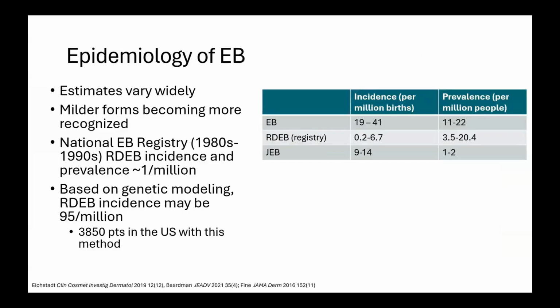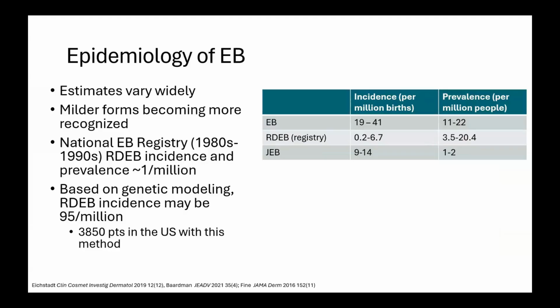So in terms of the epidemiology of EB, this is a question I get asked a lot, and our estimates vary widely. Back in the 1980s and 1990s, there was a national EB registry, and specifically for recessive dystrophic EB, the incidence and prevalence were estimated to be about 1 per million.